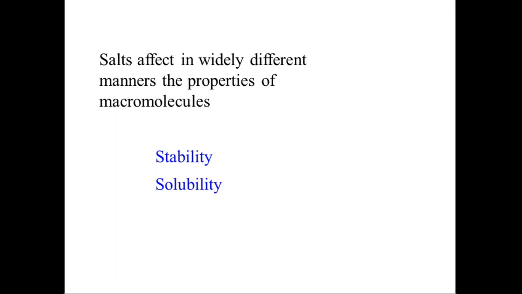If you cannot solubilize the molecule of interest, then there is no point in extracting. And number three, the biological activity. The macromolecule should retain the biological activity. So stability is very important, solubility is also important, and biological activity is equally important. These are the important properties of any macromolecule, be it protein or whatever it is.